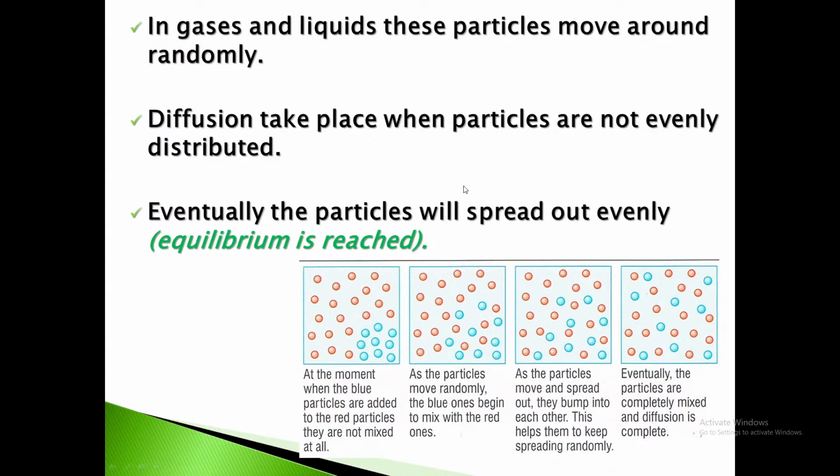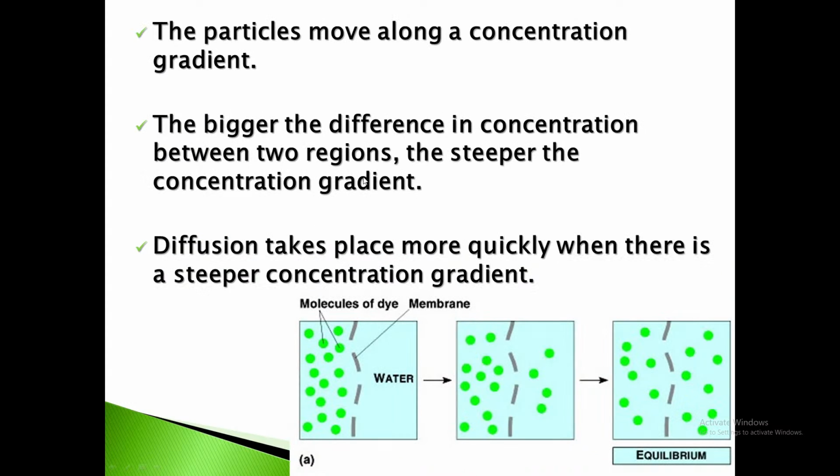Alright, so the last pointer: eventually the particles will spread out evenly, and what is known as equilibrium is reached. So equilibrium is basically equality. That simply means that all of the container has the same equal amount of the blue dots. And when you look at it, you realize that the blue dots are actually evenly distributed throughout the entire box.